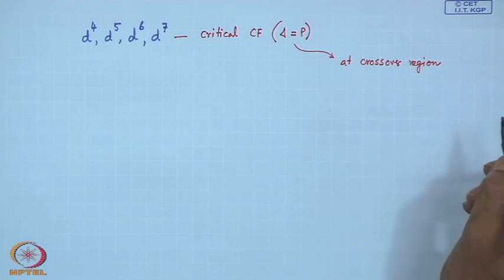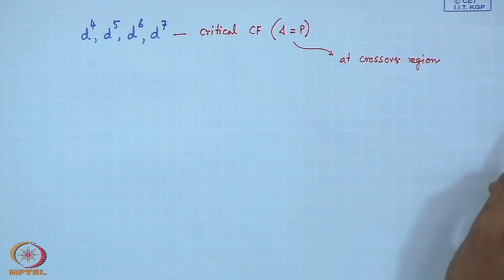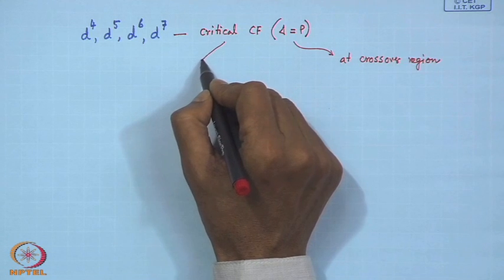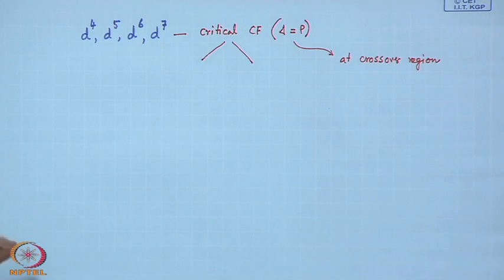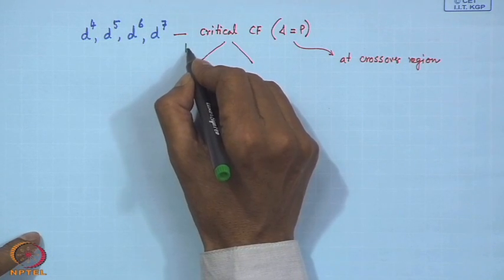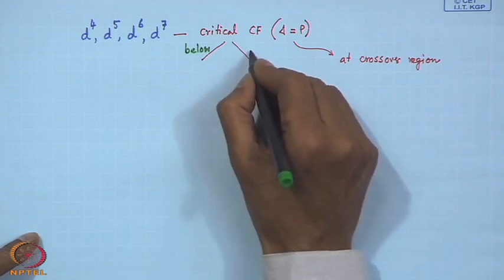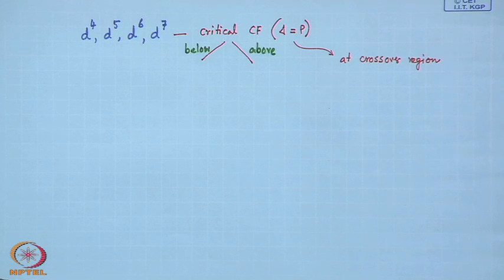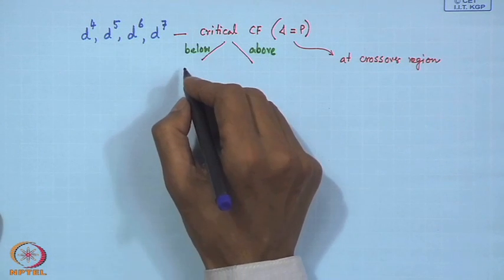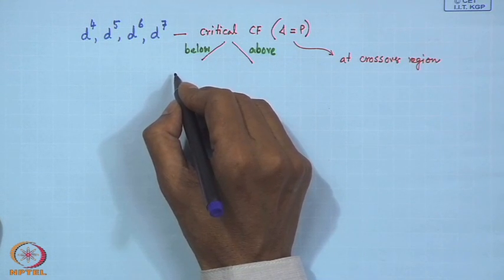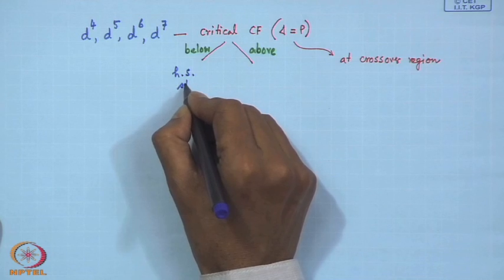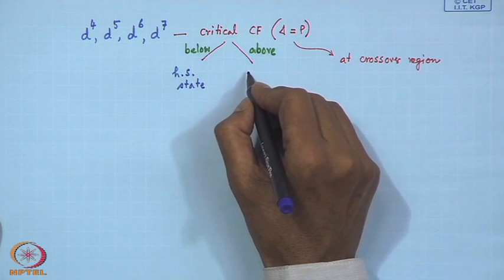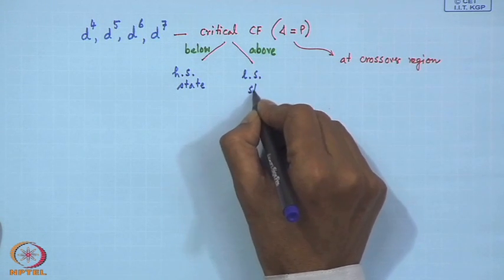That means we are moving from one direction to the other, such that if on the left hand side the low spin state is of low energy, on the right hand side it would be of higher energy. So, at this critical crystal field, we have two situations: below the critical field the high spin state is of low energy, and above this critical crystal field the low spin state will have low energy.